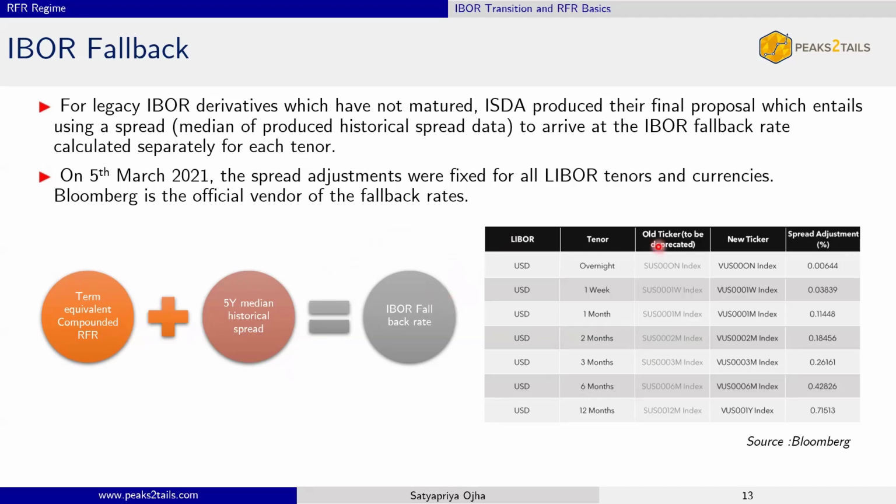That is the fallback rate. And on the right-hand side, you can see these are the spread amounts. Okay, for different maturities. Remember 7 maturities. So if you want to figure out what is the LIBOR 3-month rate, take the SOFR equivalent 3-month rate, add this basis, you'll get the fallback rate.